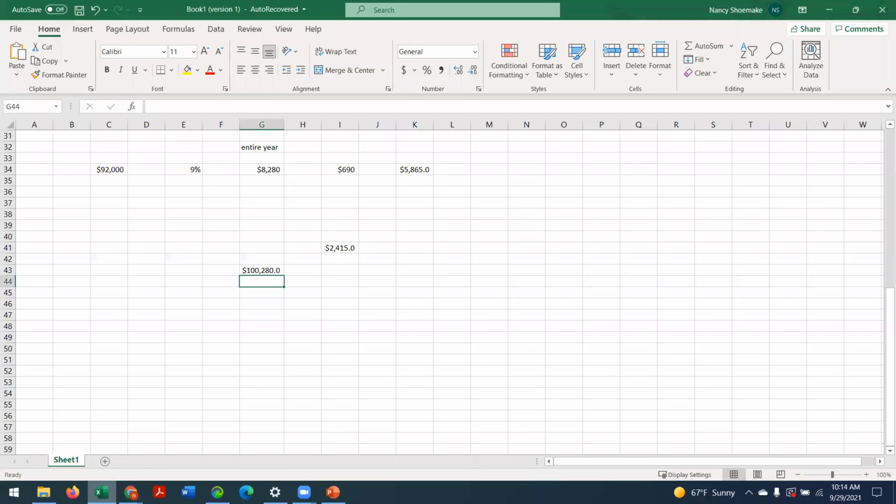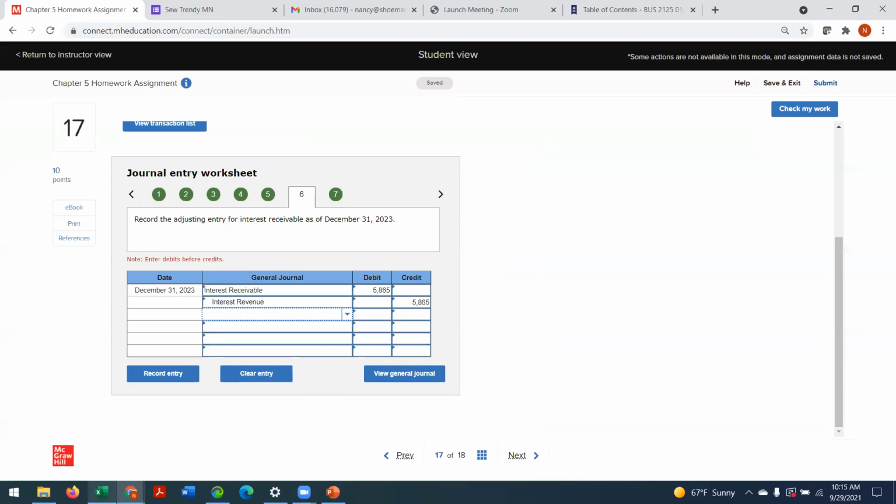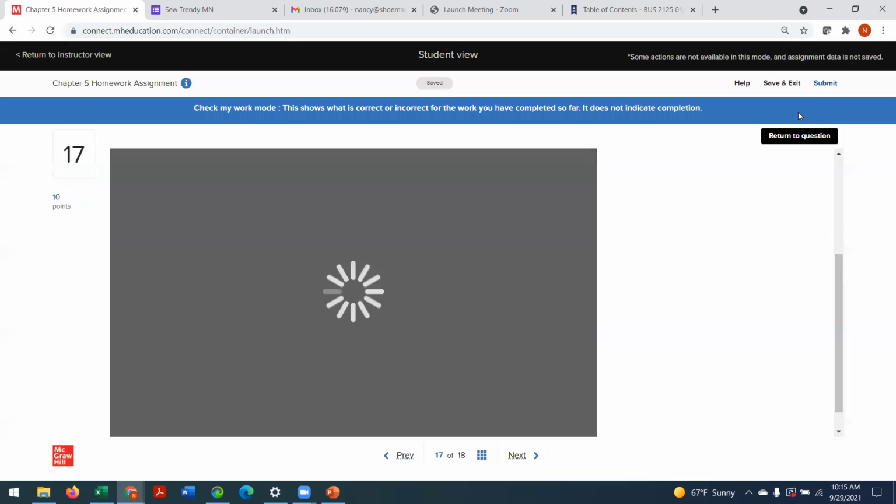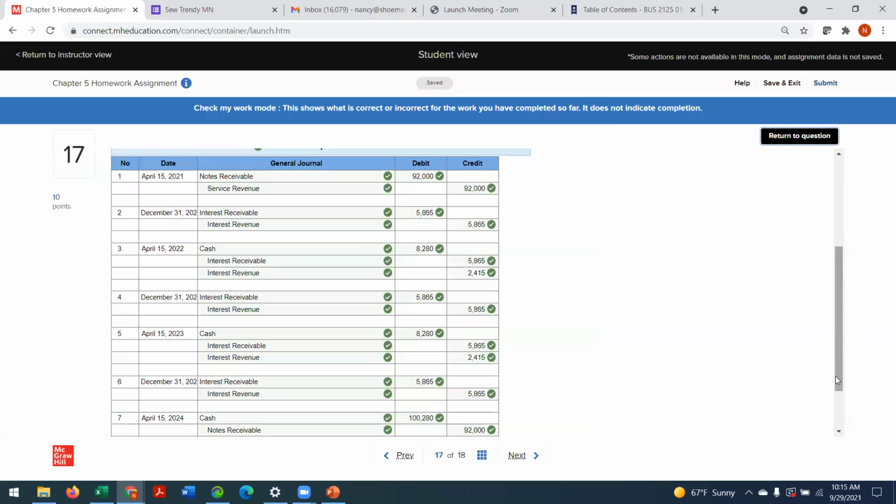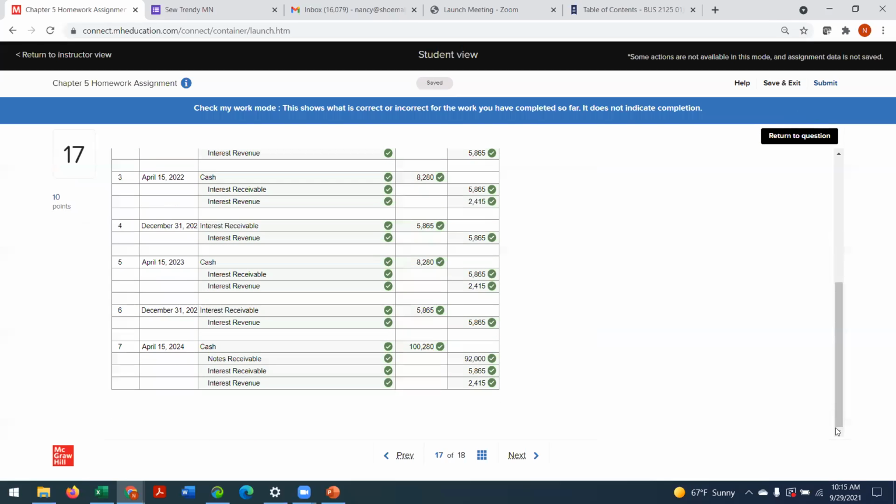Did I screw that up? Oh, I'm just reading it wrong. So then my cash would be off if I mess that up. I just put the amounts in wrong.